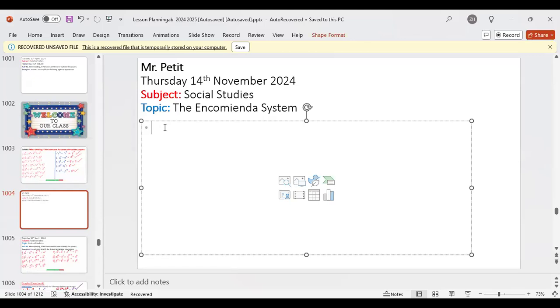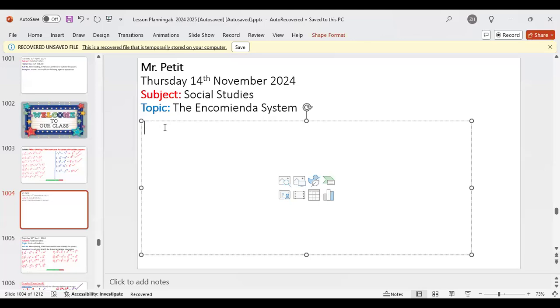However, this system that the king instituted basically did not happen in the way that they thought. It actually became very brutal and very cruel, and was one of the things that caused the Arawaks to die and to suffer a lot of cruelty. So this is the encomienda system.